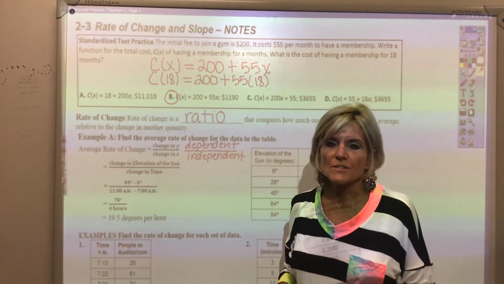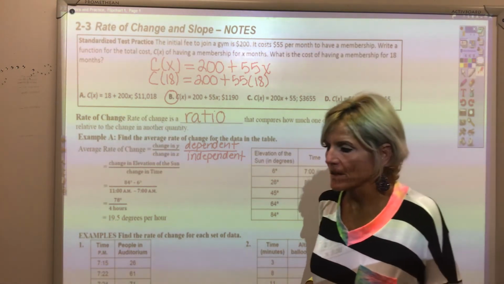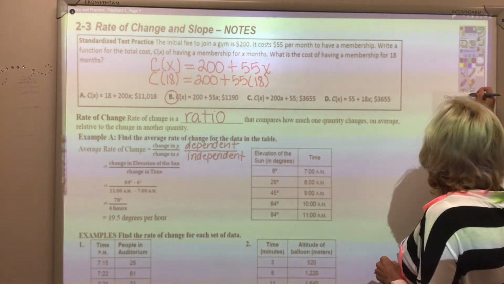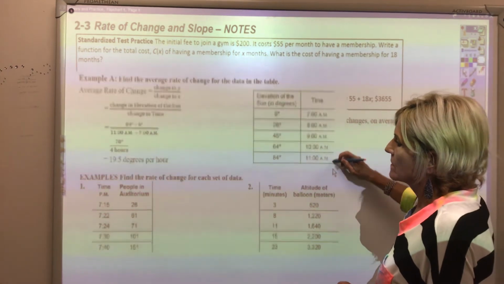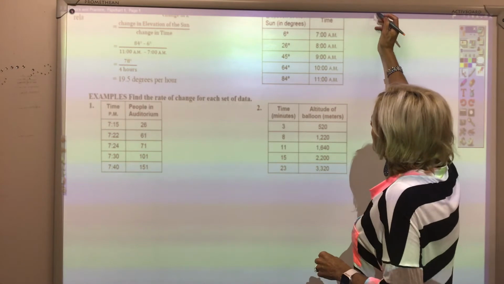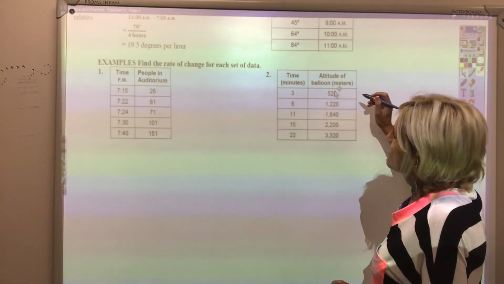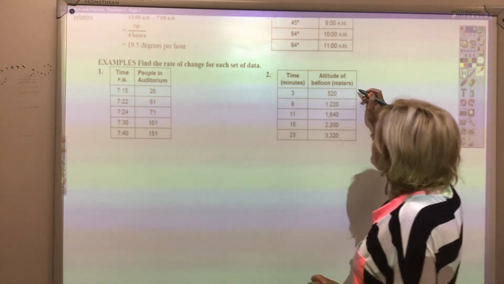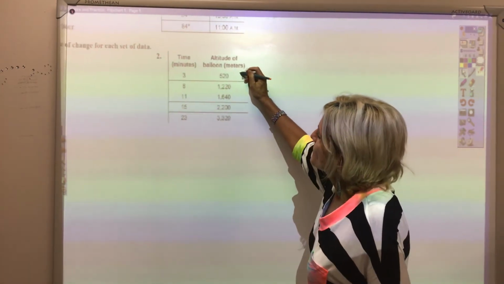So we're going to try just a couple of these examples. We're not going to do all 5 of them. Why don't we start with number 2?